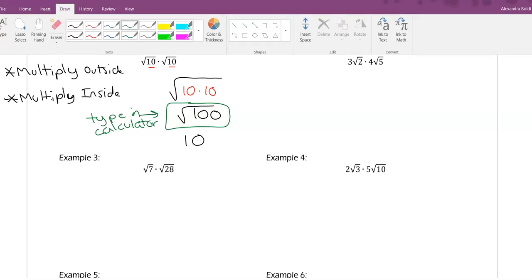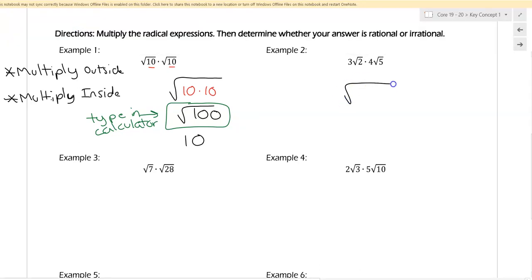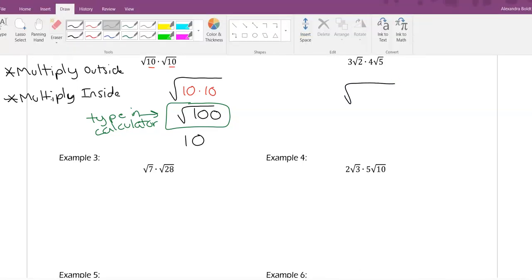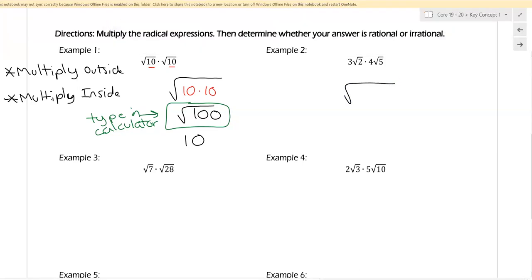Looking at example 2, again, multiply the outside. My numbers on the outside are 3 and 4. My numbers on the inside are 2 and 5.